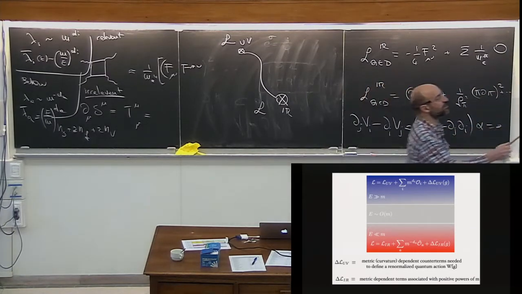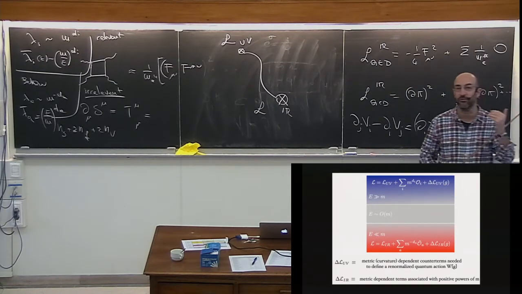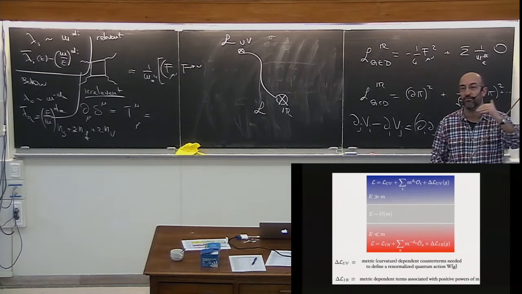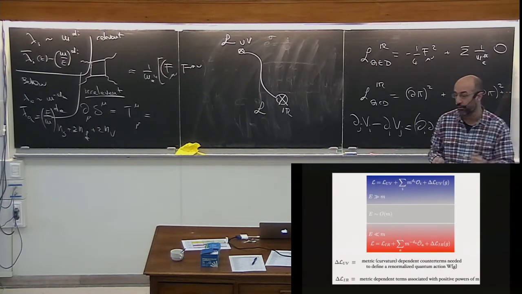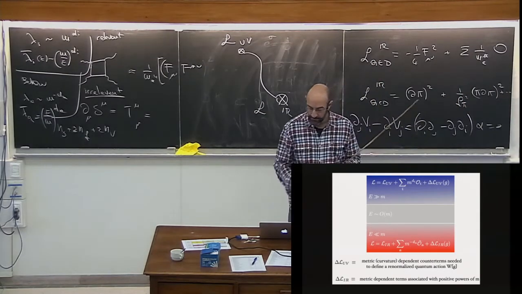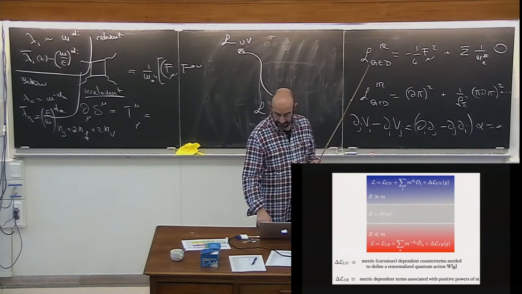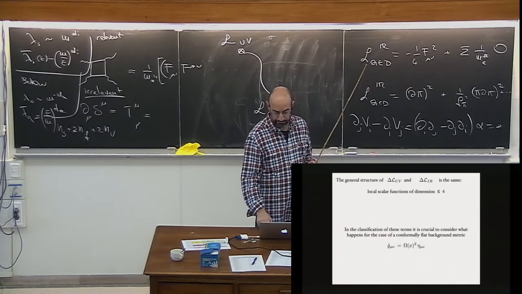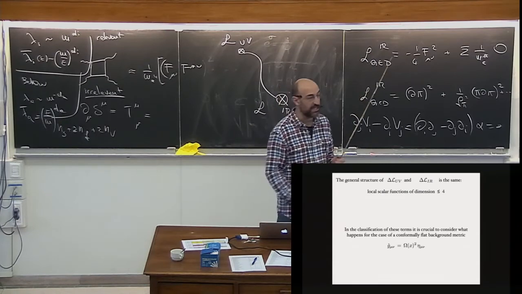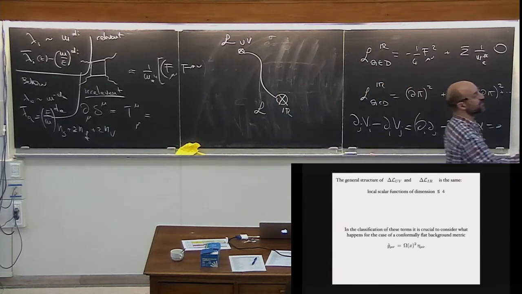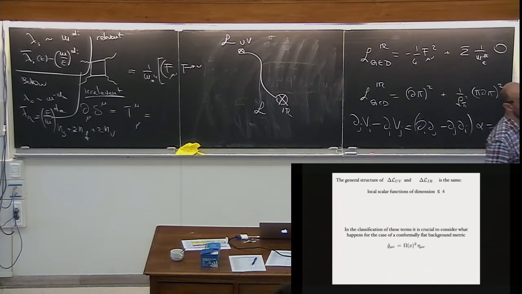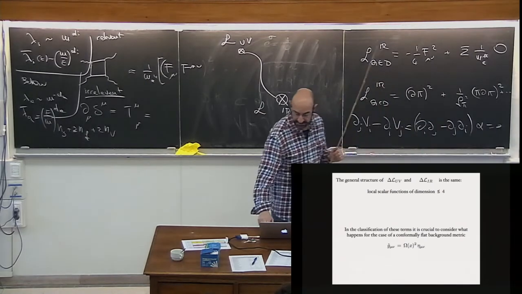While here you have all possible counterterms. Here you can interpret this as the counterterms that you can add. So these are only terms of positive dimension up to 4. Okay. So these are all the counterterms that you can add. And so to tell you the story, if you only look at operators of dimension less than or equal to 4, the structure of these two deltas that you have to add involving the metric is the same.